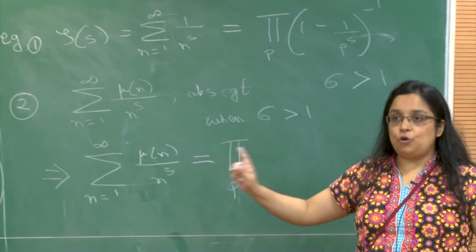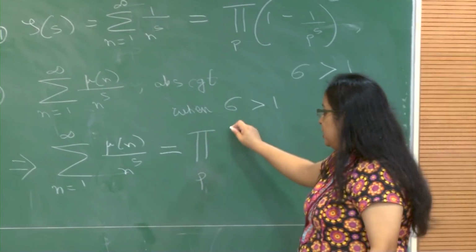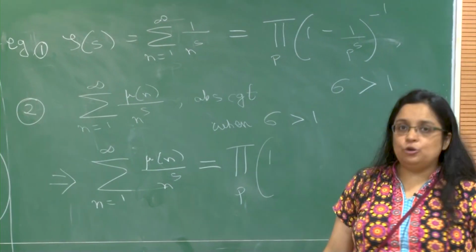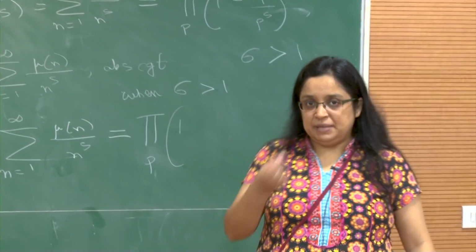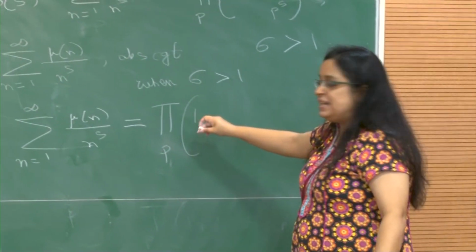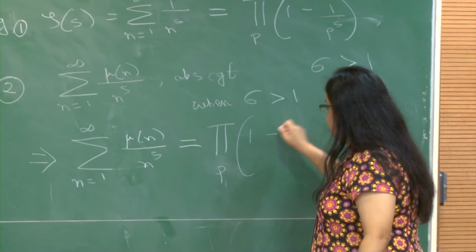Now, what are the Euler factors corresponding to each prime? 1 plus mu of p over p to the s. p being a square free number with just one prime factor, mu of p is just minus 1.